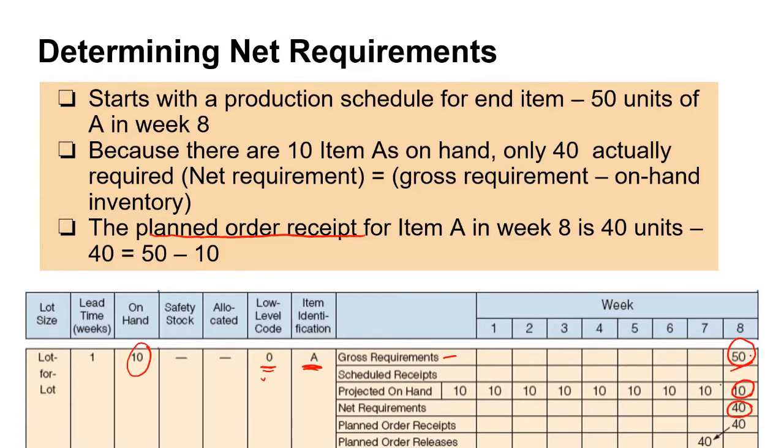So when will 40 be required to be planned order release? Okay, planned order release. You cannot see that. It's actually planned order release. Can you see now? Planned order release on week 7 is 40.